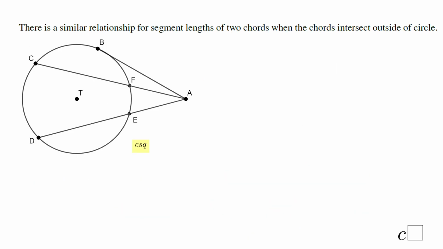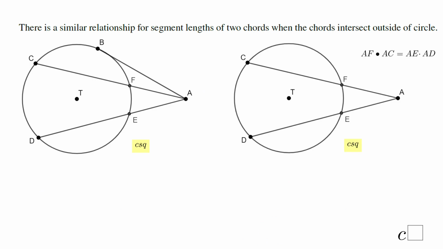Very similar, we have a relationship for two secants, or three secants you see in the first picture, that intersect outside of the circle. So look here, I'm going to show you how it looks when you have two secants, in this case AC and AE. Notice you want to start from the point A, and you have AF times AC equals AE times AD.